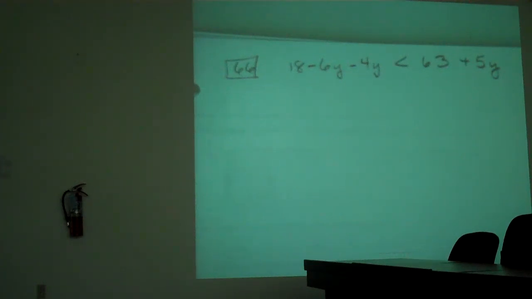Get it out so we follow the steps. So the first step was, if there's any parentheses, distribute it through. There's no parentheses, right?